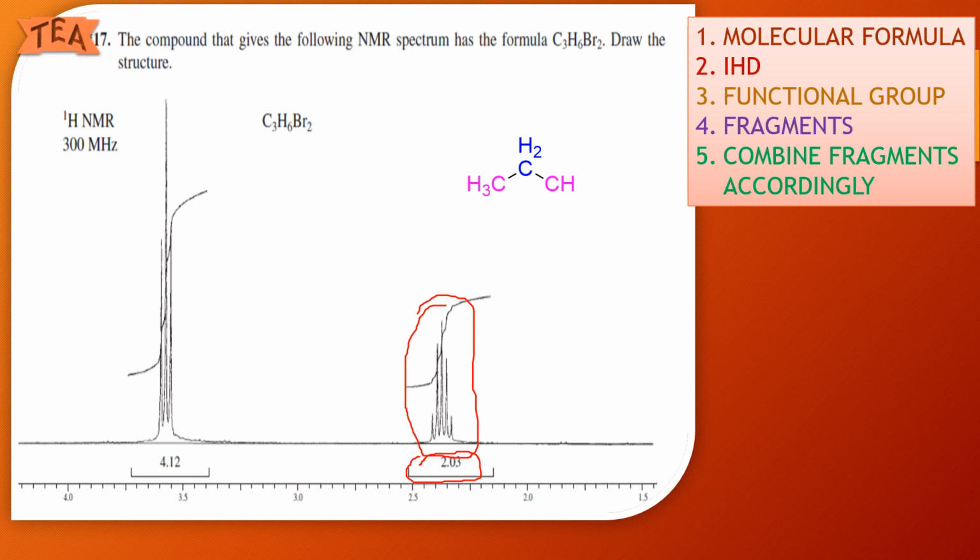So there are two possibilities for how the neighboring carbon can contain 4 hydrogens.